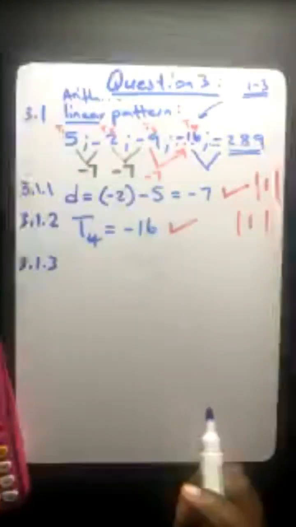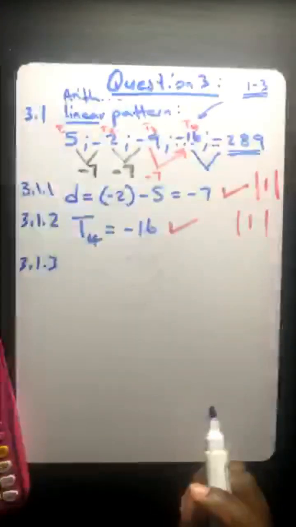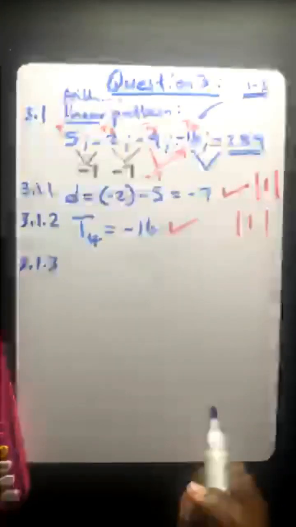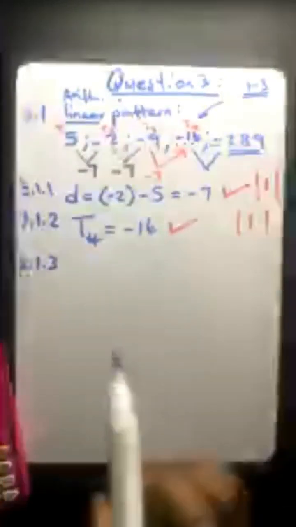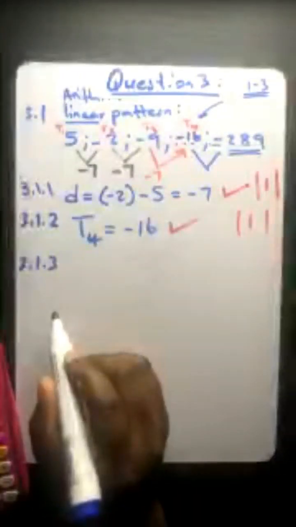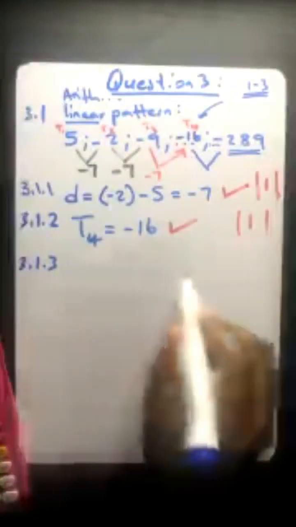So now 3.1.3, the question says calculate the number of terms in the pattern. So they want to know how many terms are in that pattern. Let me try to do something which will make you understand what that question actually means.